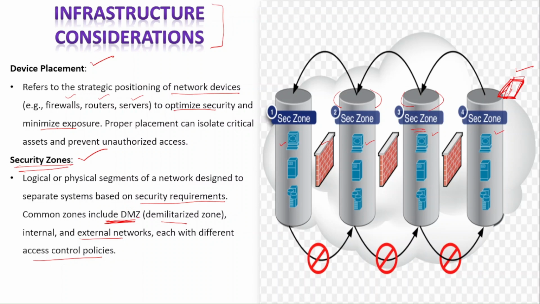Meanwhile, you may have other critical secure systems such as your database, which must be placed inside a higher security zone, which you can call a private security zone or internal security zone. So this is the concept, and based on it you can have multiple security zones inside your organization based on the requirements of different devices and users.